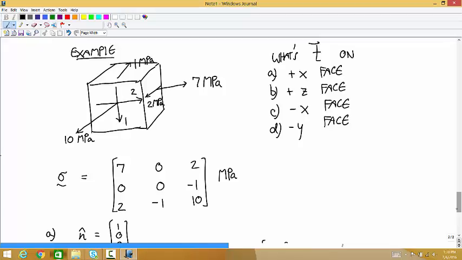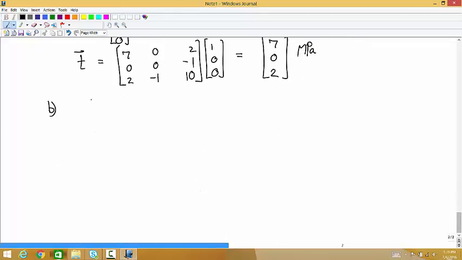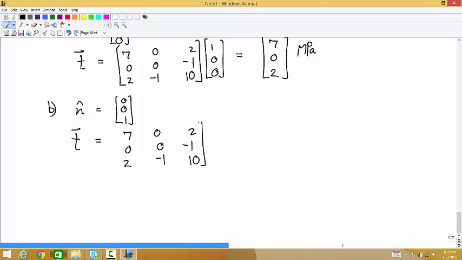Okay, so now the positive z face. Well, what's the outward facing unit vector, the outward facing normal for the positive z face? 0, 0, 1. So the traction vector is the stress tensor times the outward facing normal, and this gives 2, negative 1, 10.